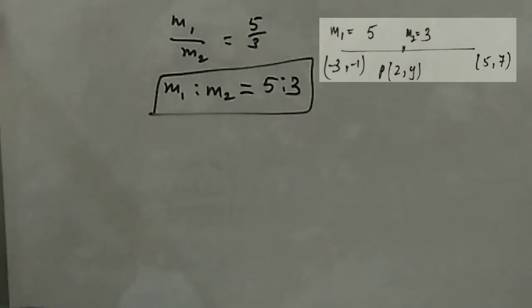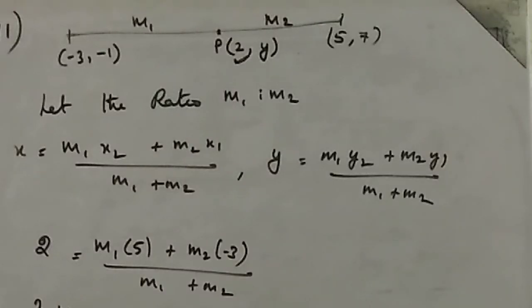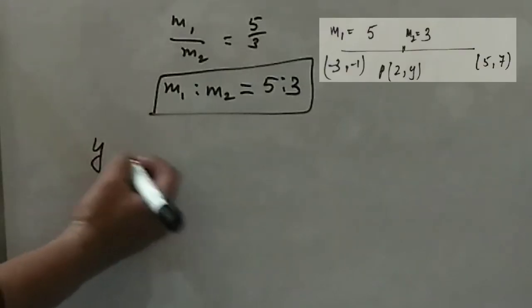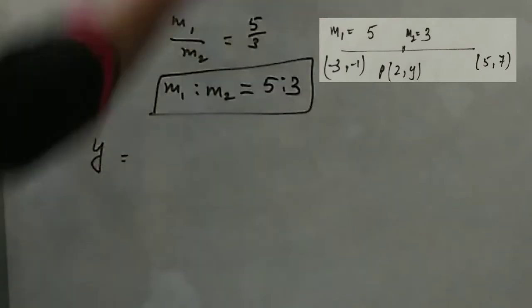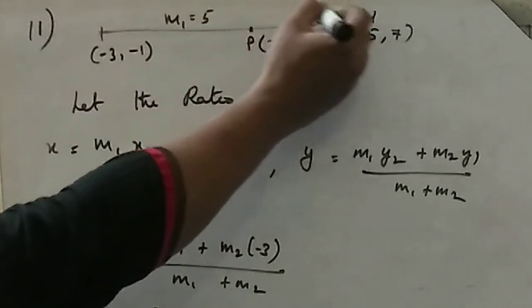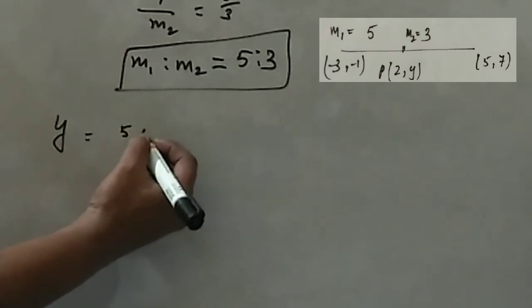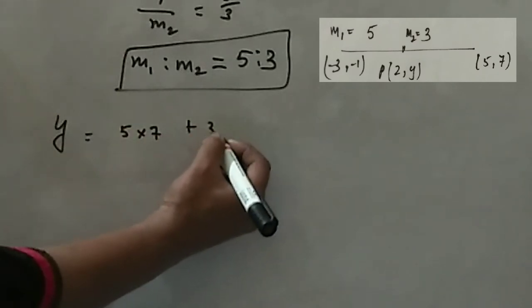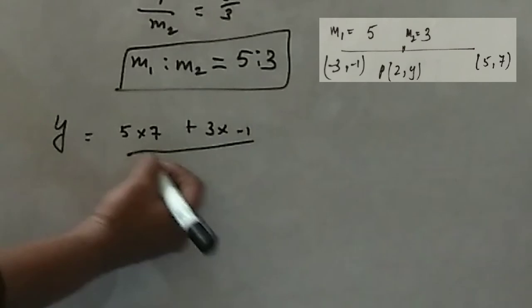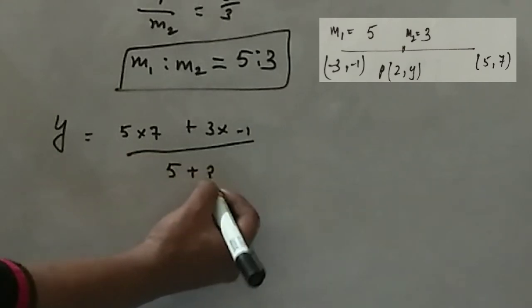Next, we have to get the coordinates. Here we have to find out the y value, the P coordinates. So take m1 and m2 as 5 and 3. Now write y is equal to (5 into 7 plus 3 into -1) upon (5 + 3).